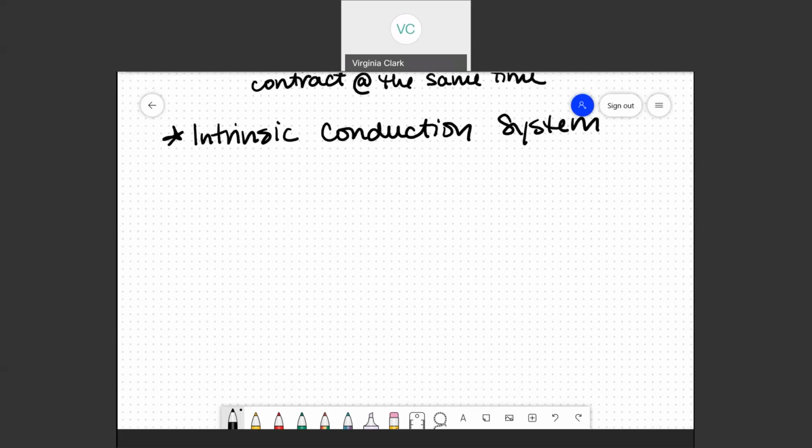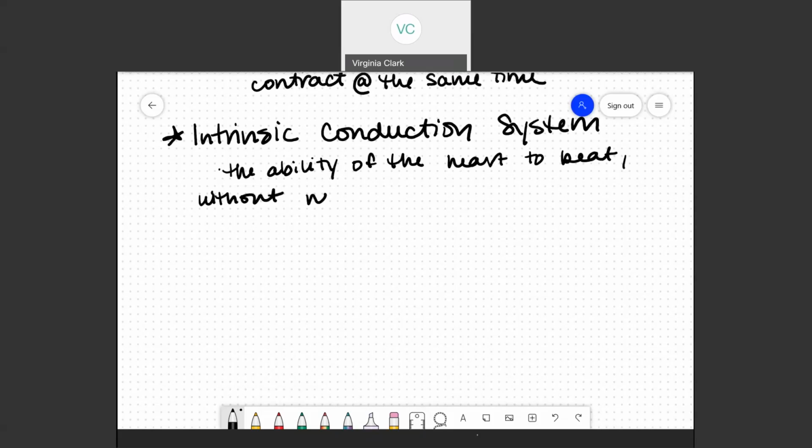So the intrinsic conduction system is the ability of the heart to beat without nervous system communication, or without the nervous system telling it to contract.